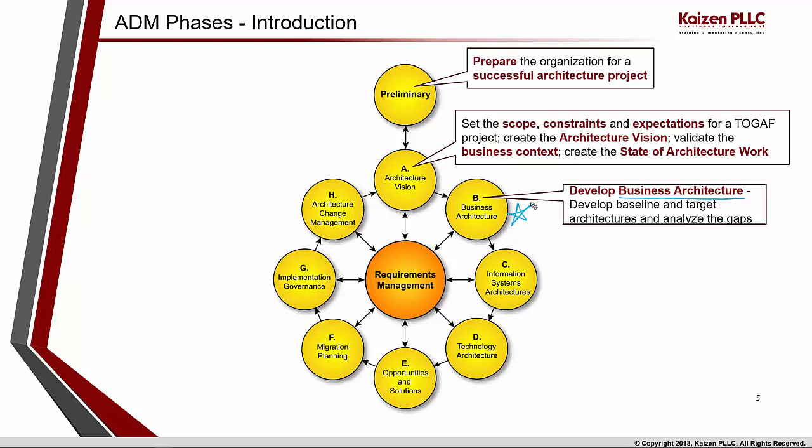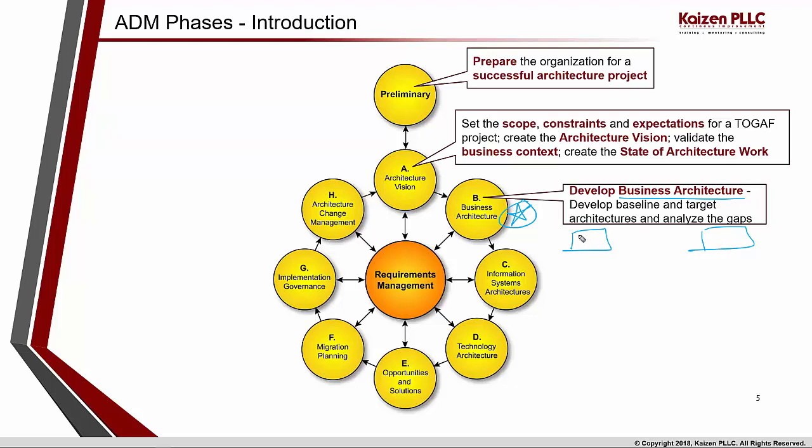During this phase, you look at your organization structure, business goals, objectives, business functions, business services, business processes, business roles, correlation of organization and functions, etc. Then, if required, you go seek external reference models and viewpoints, and then define the as-is or the baseline of the business architecture, as well as define the to-be or the target business architecture.